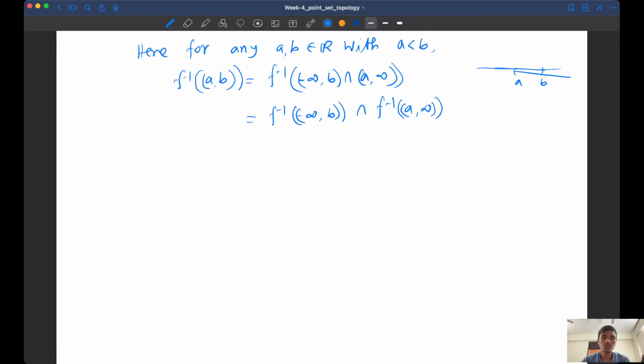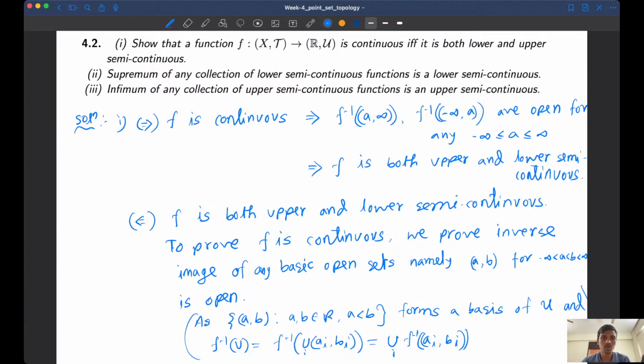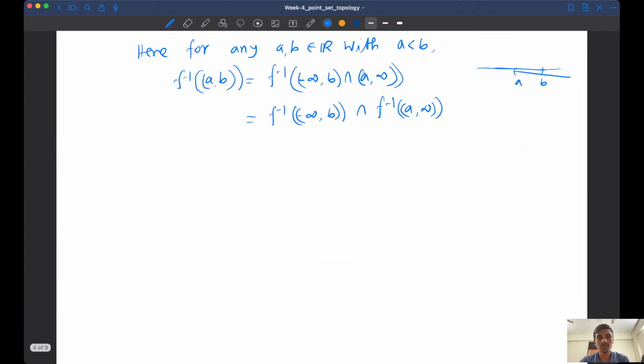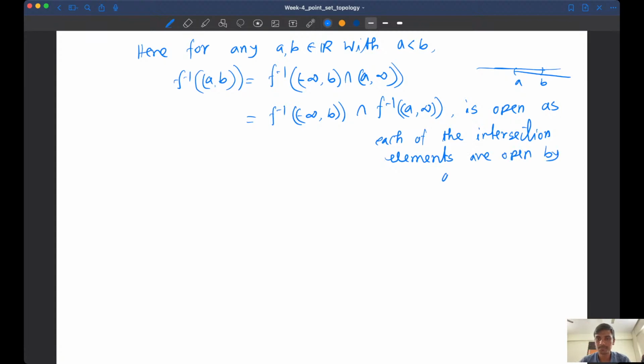Both of them are open by our assumption that f is both upper and lower semi-continuous, so the intersection is open. Okay, so this proves the first part.